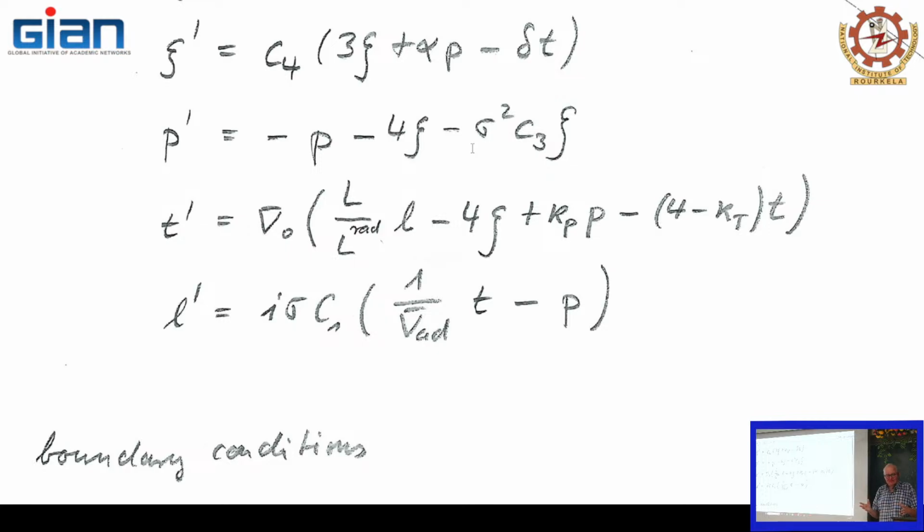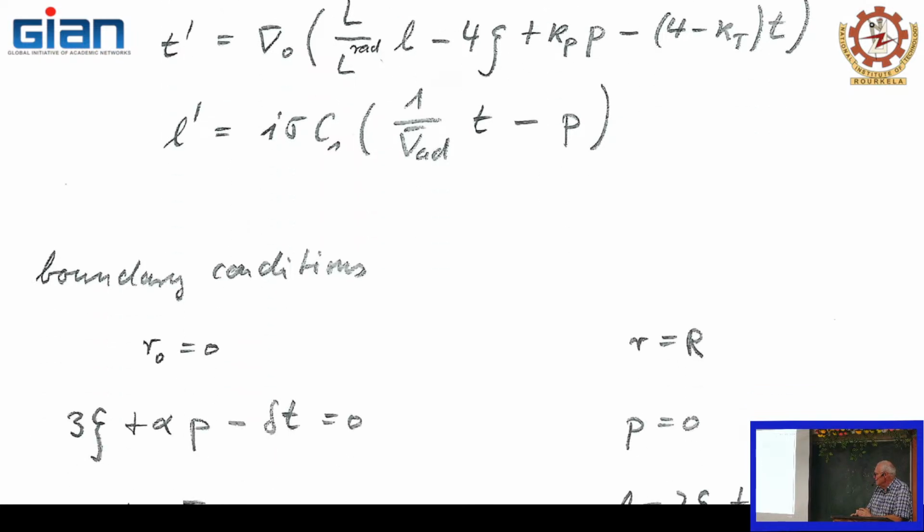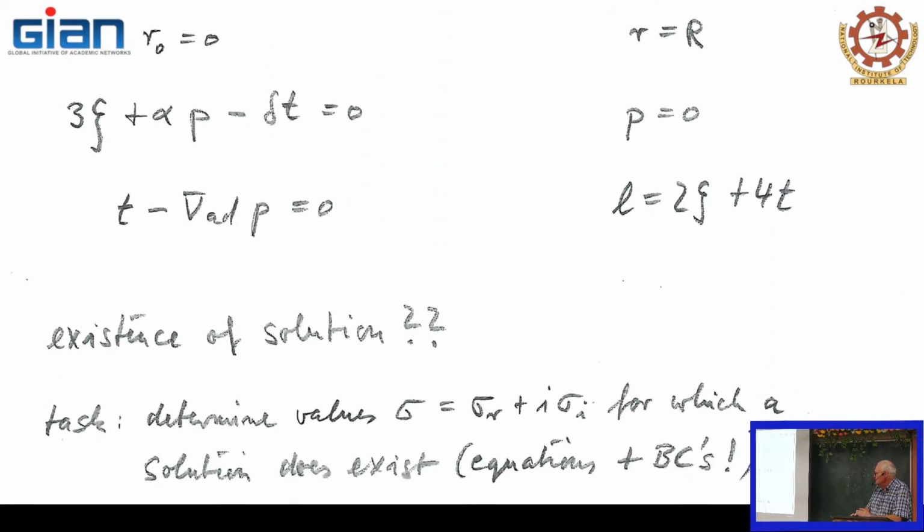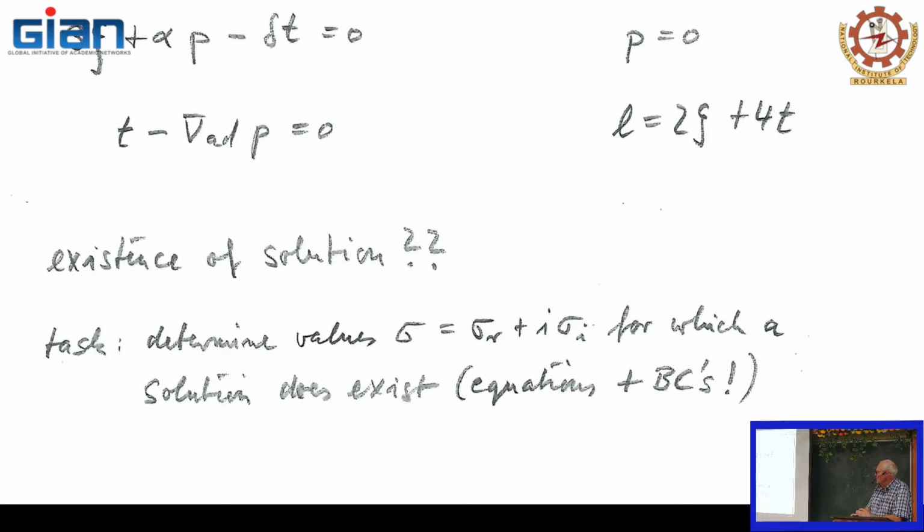Well, to illustrate this rather counterintuitive argument, I would like to show a similar system which is in some sense related also to our stability problem or our pulsation problems. So the task, anticipating: determine the values of the parameter sigma for which a solution does exist. A solution means equations plus the boundary conditions.